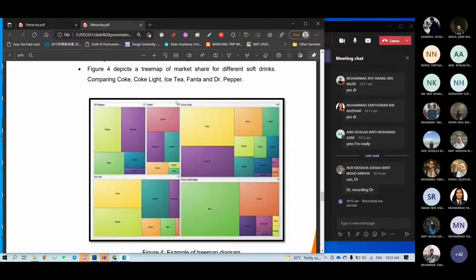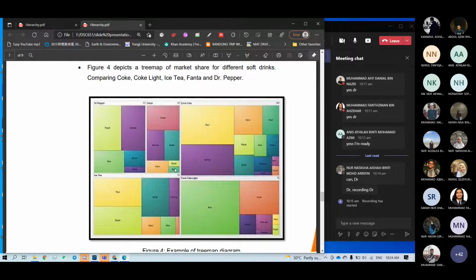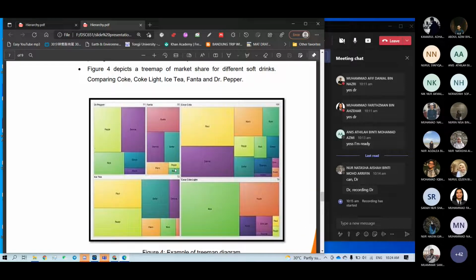But at a glance, it looks like this is one. This is a child, but it's not. This is another. These are children. These are grandchildren. Okay. And it looks simple. But in order to develop this, it's actually not that simple.